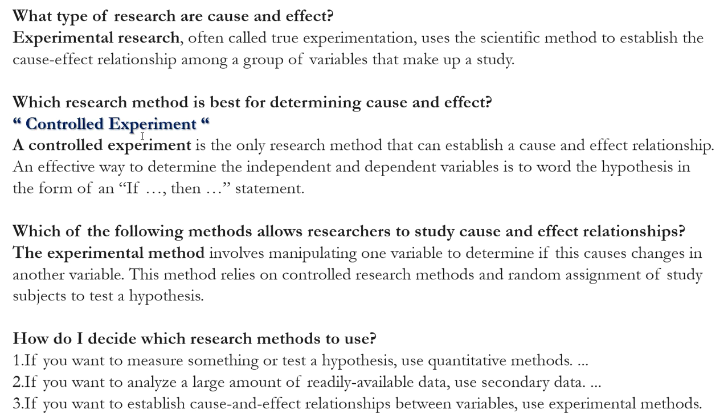Which of the following methods allows researchers to study cause and effect relationships? That means the experimental method. If you want to know the cause and effect method, then you must identify it based on experimental research. The experimental research approach is categorized into various factors.